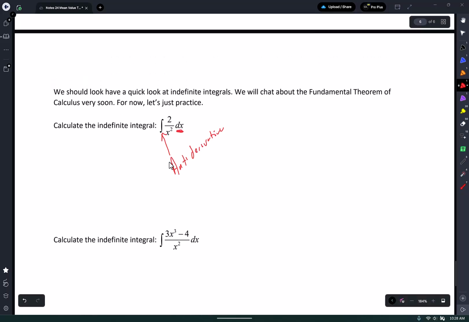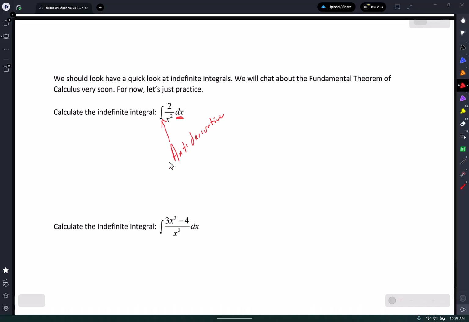So let me write better notes. What this means is: integral of f prime of x dx, and I better have that dx there. That means f of x plus c.